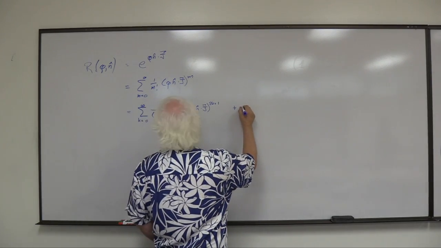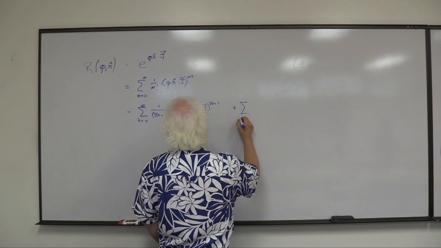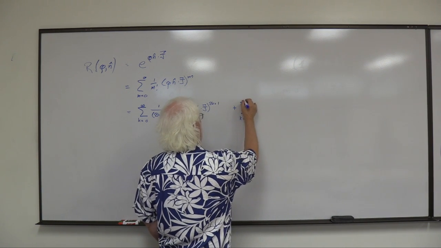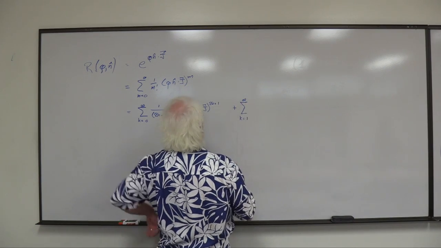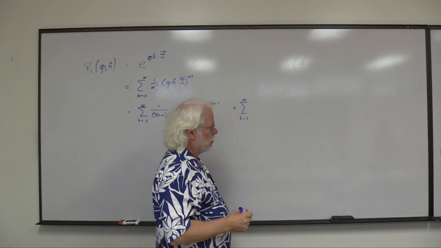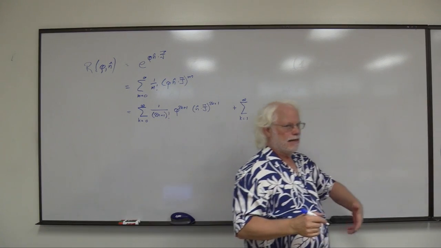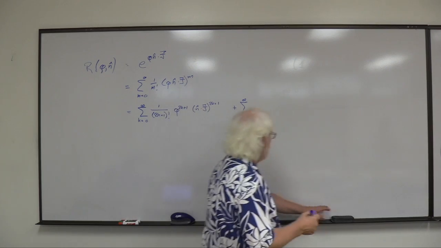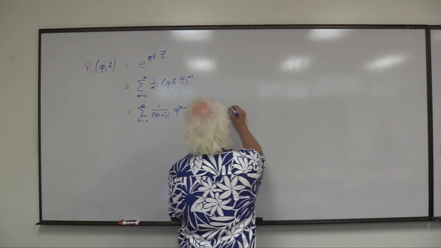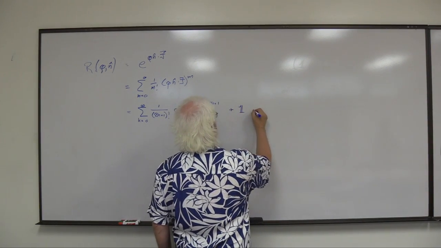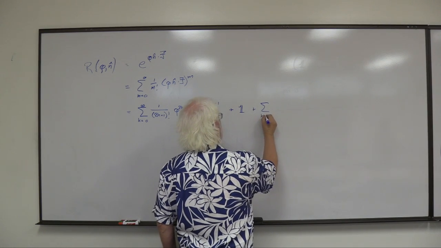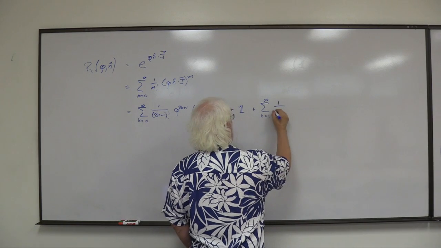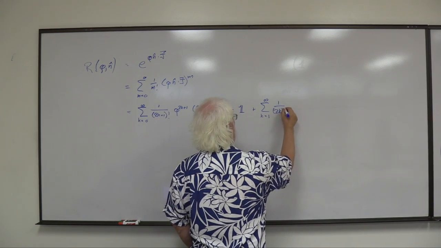Now we need the even ones. And here we have to be a little bit careful. We can't start from 0 because n dot j to the 0 power is 1. So we have a 1 here. And then we have the sum k equals 1 to infinity of 1 over 2k factorial.